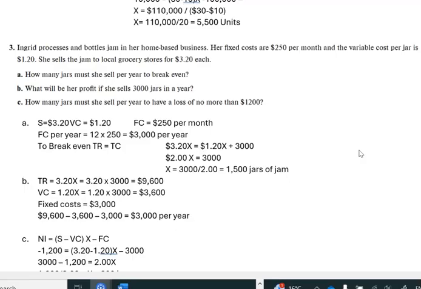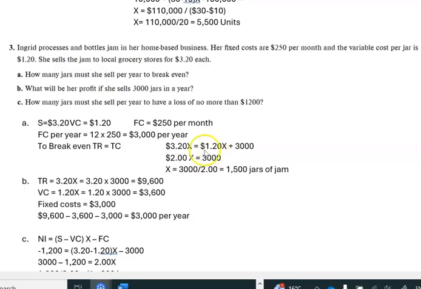Okay, so we know her fixed costs per month, multiply that by 12, and then we have fixed costs of $3,000 per year. So now to break even, we need our total revenue to equal our total costs. So therefore we have our 3.20x equals 1.20x plus 3,000.